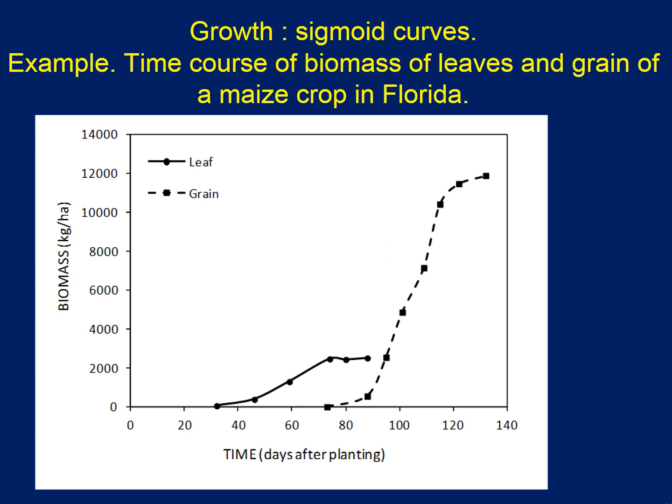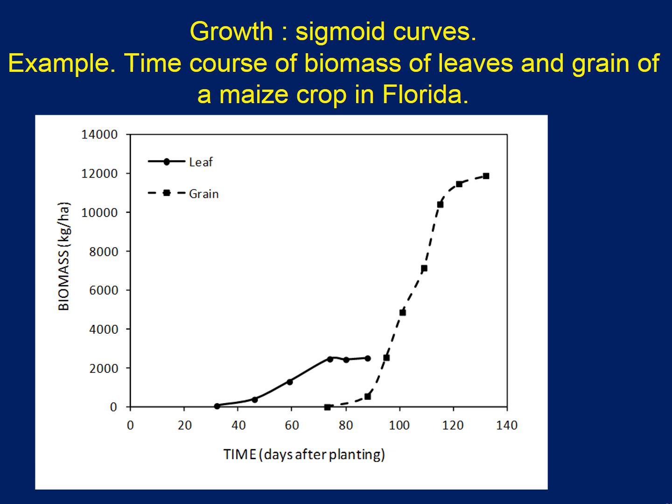Growth usually follows sigmoid curves, which means S-shaped curves. In this example, we see the time course of biomass in leaves and grain of a maize crop in Florida.